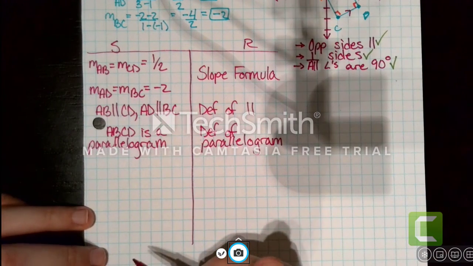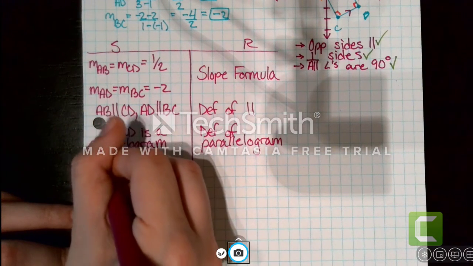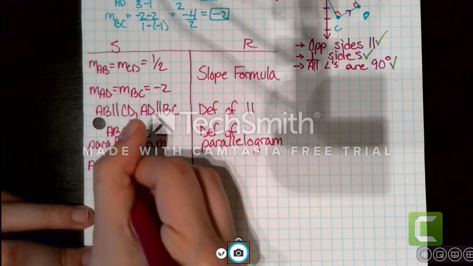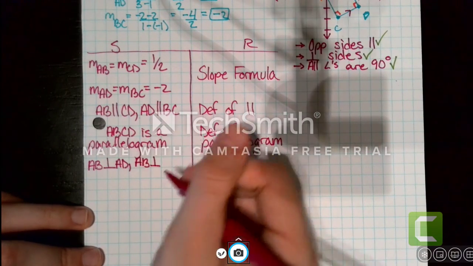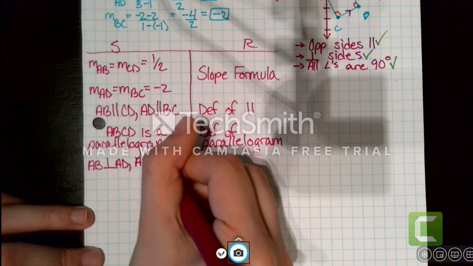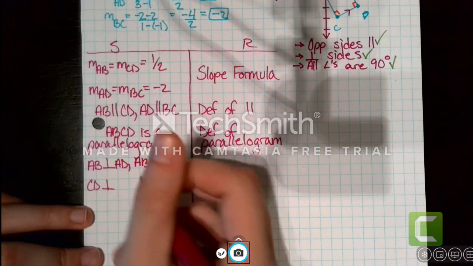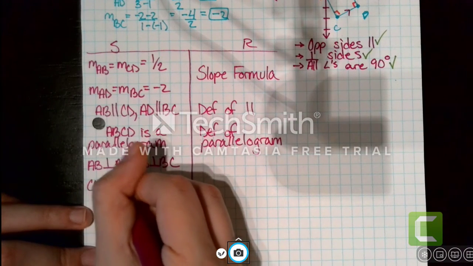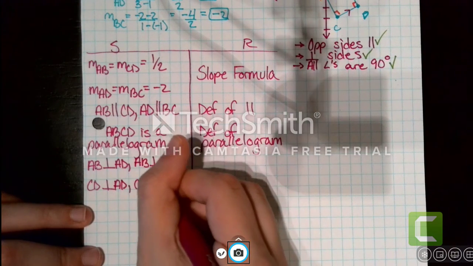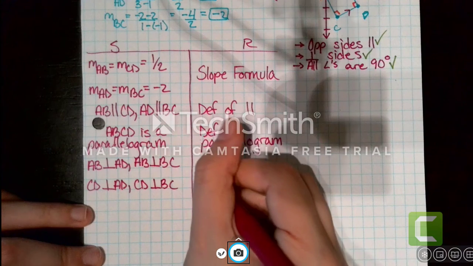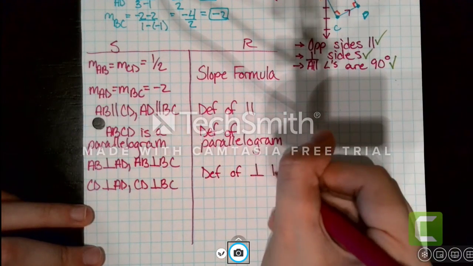Knowing that we have opposite reciprocals, that means that side AB is perpendicular to side AD, and that AB is perpendicular to side BC, as well as side CD is perpendicular to AD, and that side CD is perpendicular to BC by the definition of perpendicular lines.